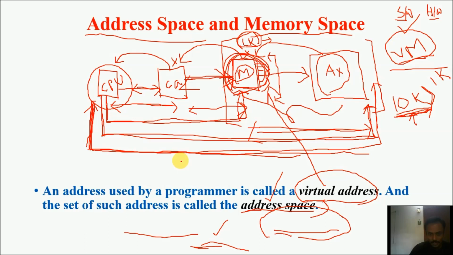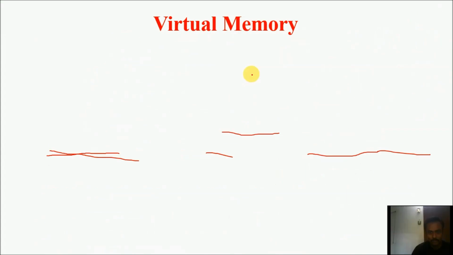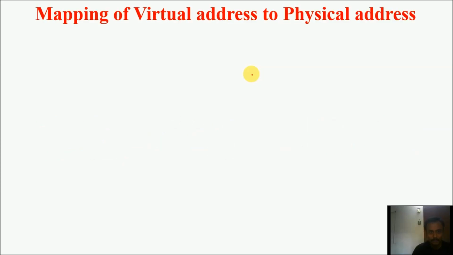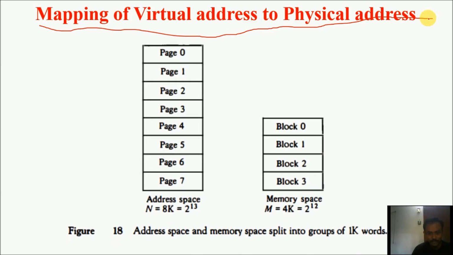So when your computer system supports the virtual memory system, the address generated by the CPU, the virtual address, should be converted into a physical address, that means the main memory address. Let's see how this conversion happens. This conversion is called mapping, the mapping of virtual address to physical address.